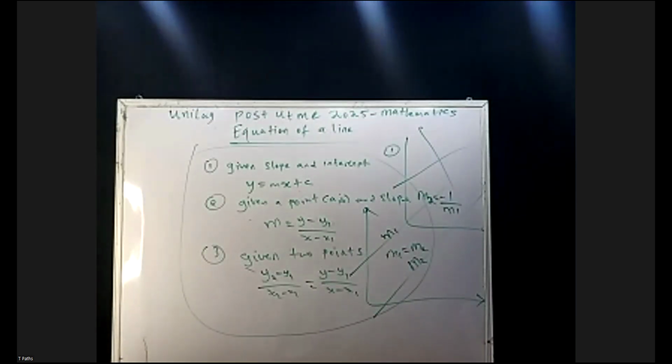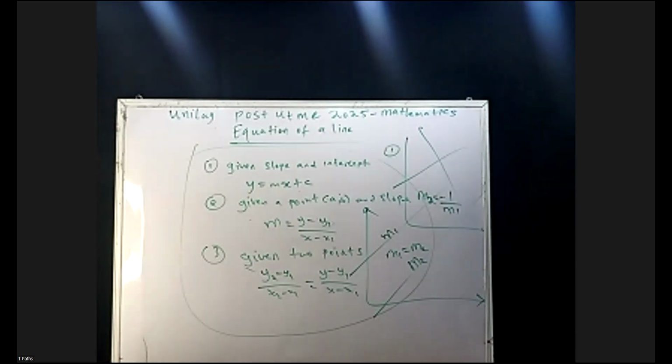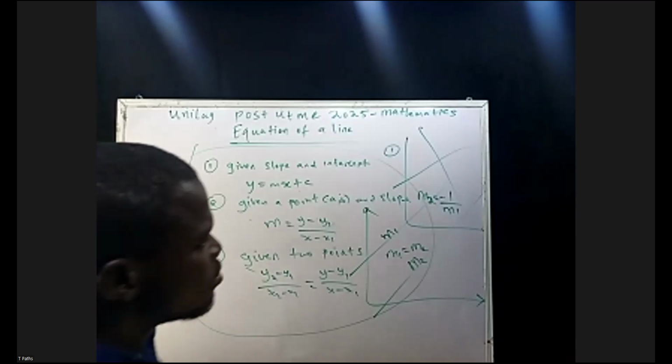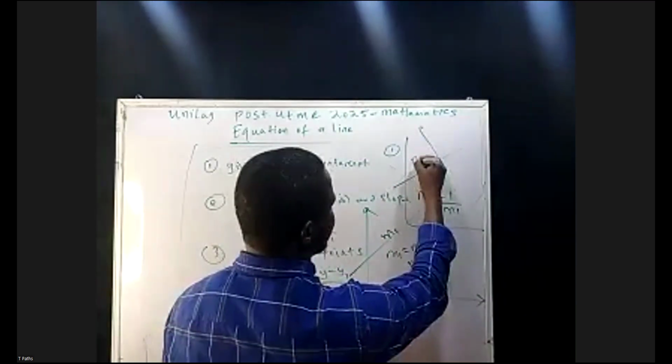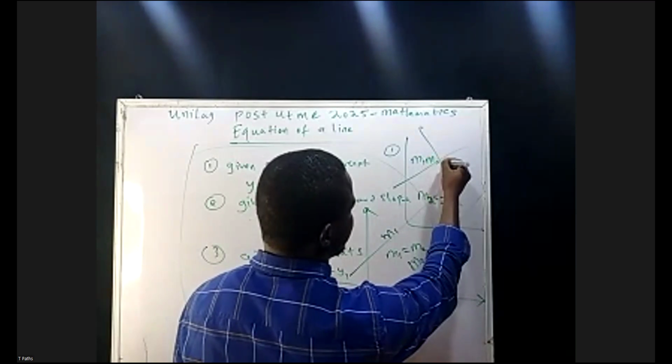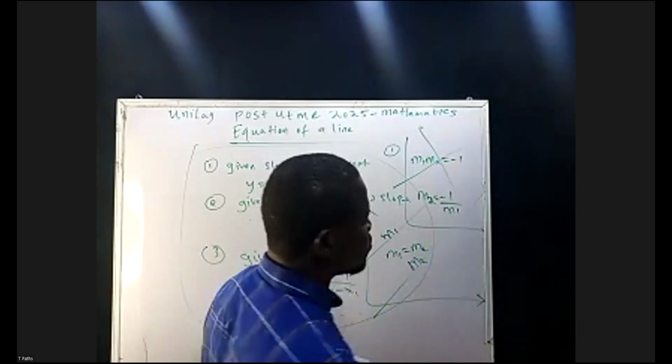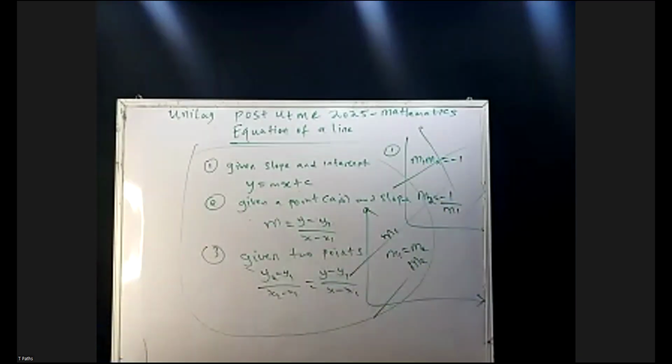M2 equals minus 1 over m1, yes, same thing. It's correct. M1 is equal to minus 1 over m2, and m2 is also equal to minus 1 over m1. In a nutshell, m1 times m2 equals minus 1. Is it clear now?